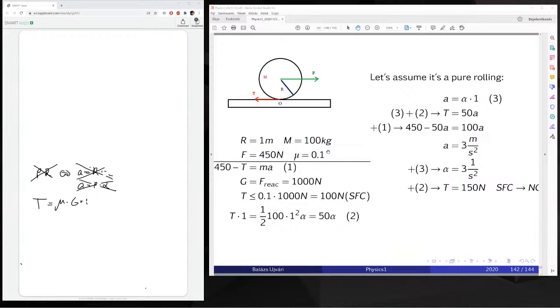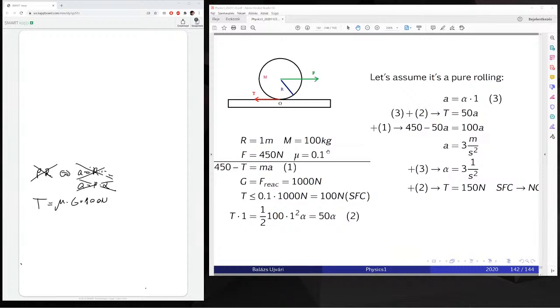So in this case, we don't have to calculate T by solving all of the equations, because this is not a pure rolling, the wheel slips, and the kinetic friction is equal to mu times the perpendicular force, which is the weight.